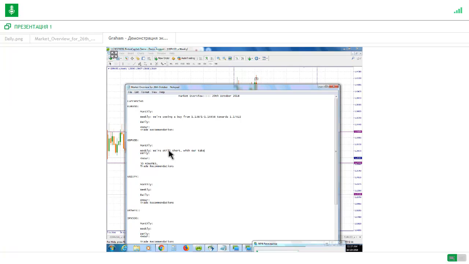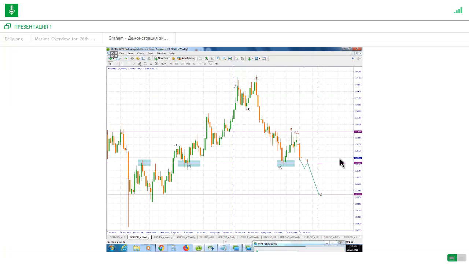So on the weekly chart we are still short with our take profit at 1.27233. But should the price break below 1.27233, then expect a further move downwards towards 1.21331.